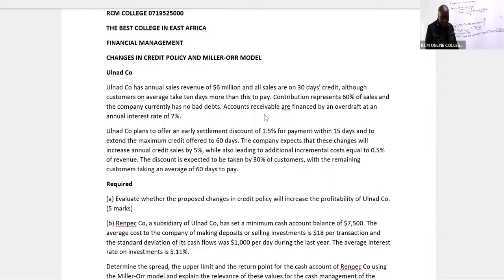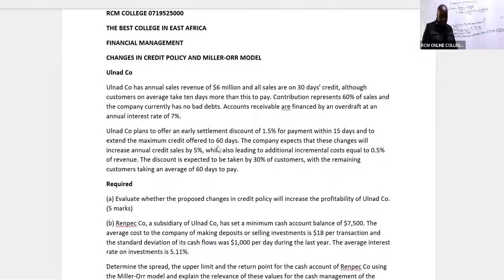Accounts receivable are financed by an overdraft at an annual rate of interest of 7%. ULNAD company plans to offer an early settlement discount of 1.5% for payment within 15 days and to extend the maximum credit offered to 60 days.